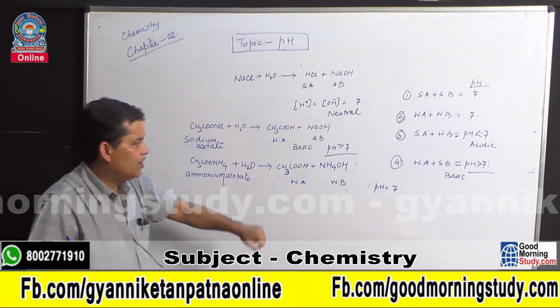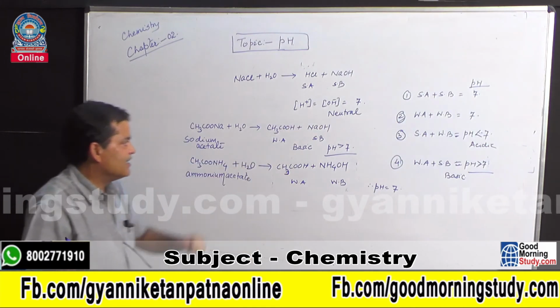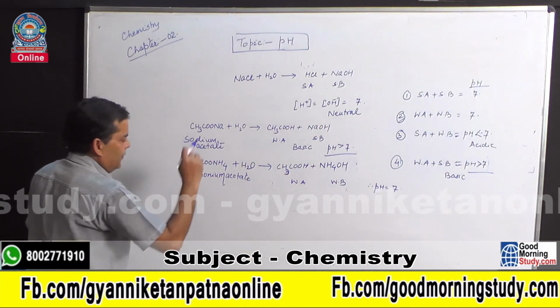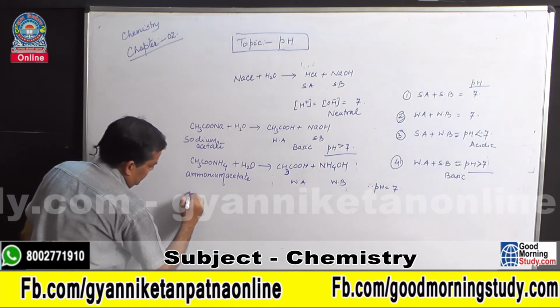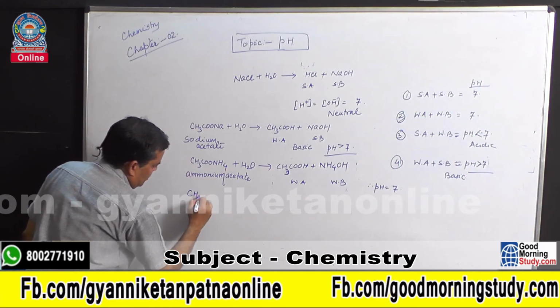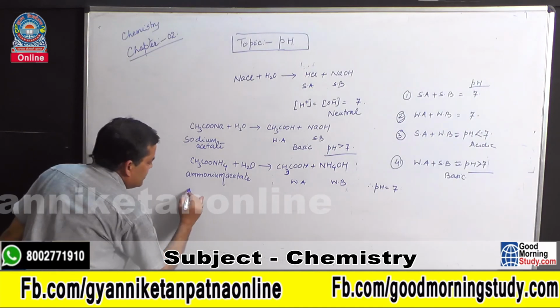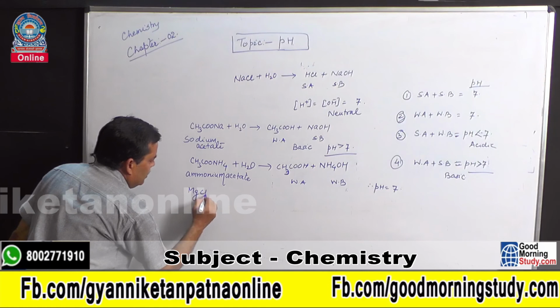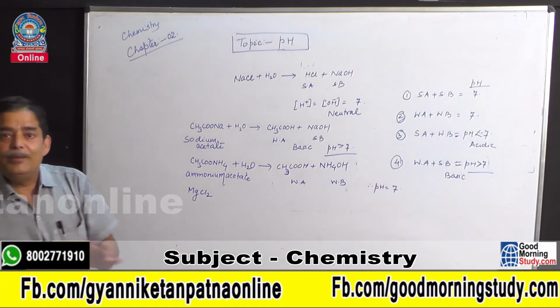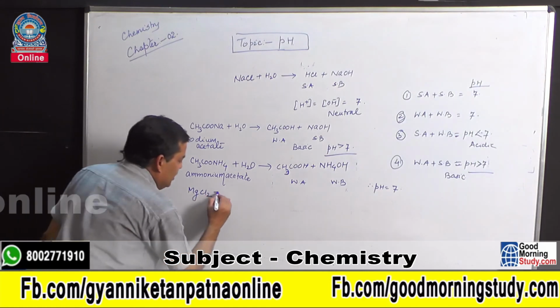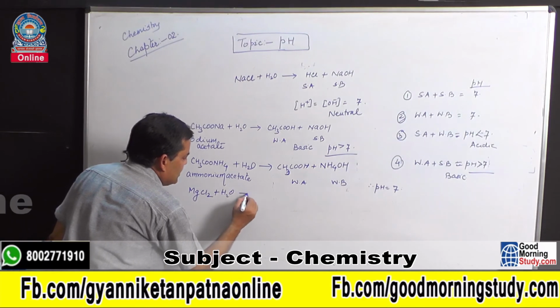Now, neutral solution, basic solution. Let us see another example, MgCl2. What will be the pH of that solution? Again you have to write MgCl2 plus H2O.